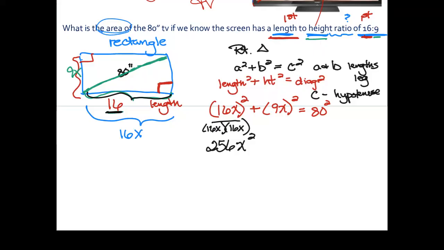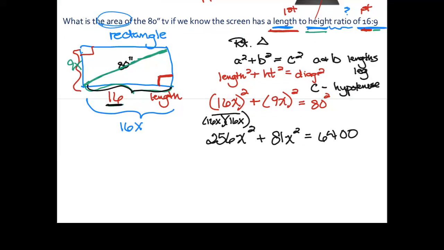So what's 9x squared? Yes, 81x squared. And what is 80 squared again? 6,400, 8 times 8, yeah.